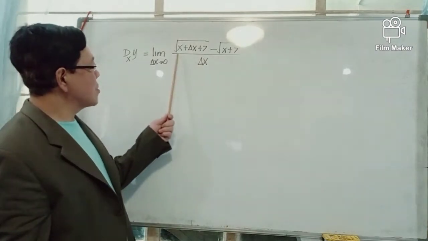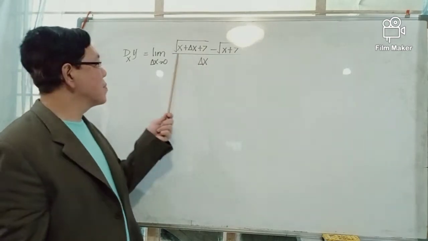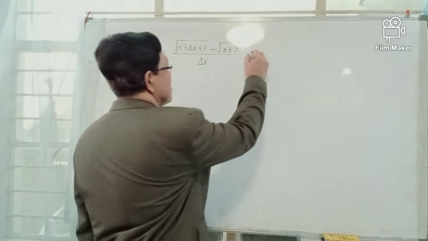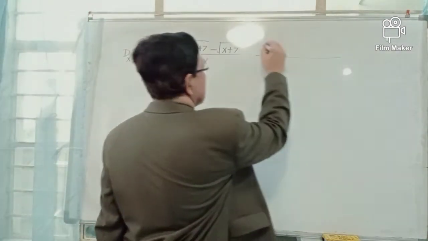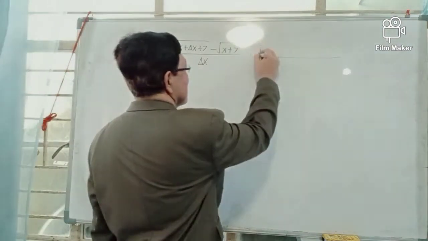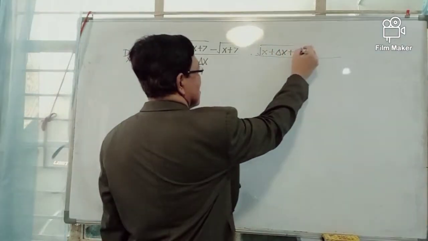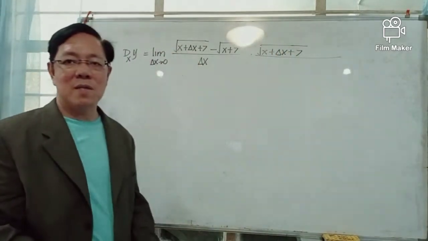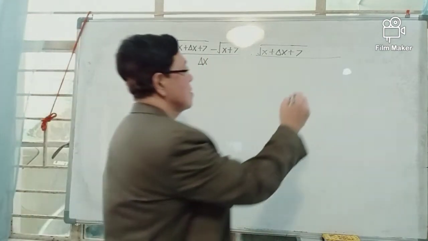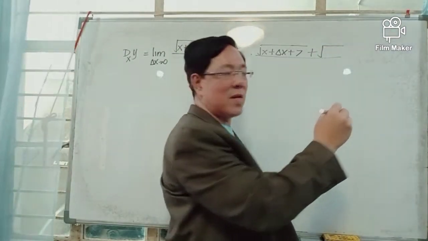And to rationalize the numerator, we multiply the numerator and denominator by square root of x plus delta x plus 7 plus the square root of x plus 7.